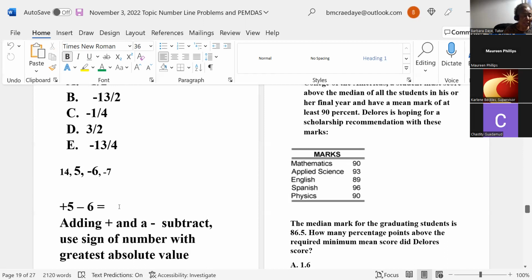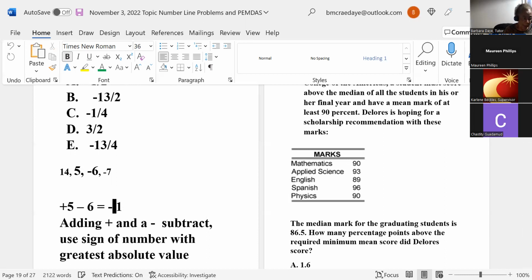So what would you get, Chastity, when you subtract? We get 1. You get a 1, right? Very good. Now, what would be the sign of that 1? Which number has the greater absolute value, the 5 or the 6? The 6. The 6 is minus. And that's it.